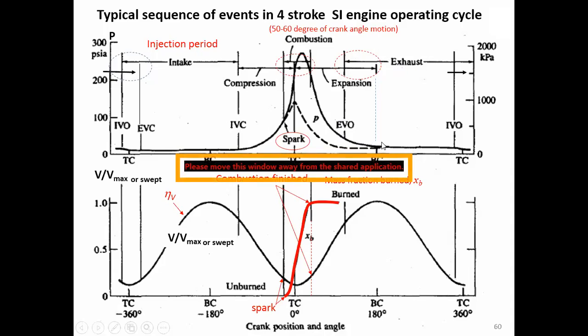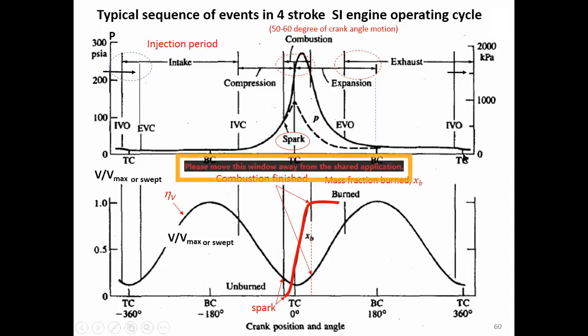When the piston reaches the bottom dead center, that is the end of the expansion stroke. After that, it is purely the exhaust stroke because the exhaust valve is still open and the inlet valve is closed, until it moves up close to the top dead center, where the inlet valve opens again.